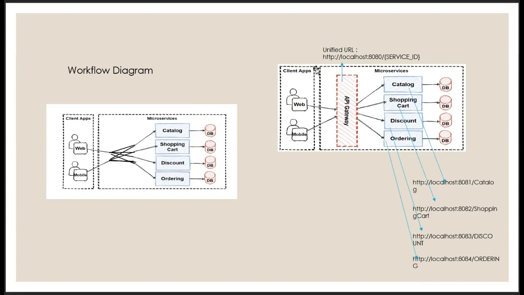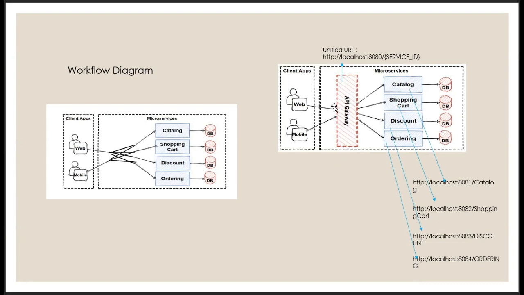Here on the right side, I have two different clients, one web and one mobile based, and both are hitting the same gateway with a unified URL. Once it reaches the API gateway, it maintains all the instance details, based on the service ID where the service is running. That kind of information is maintained in the API gateway. So once you hit this endpoint, based on the service ID, it will route to the respective microservice, process the data, and get the response.